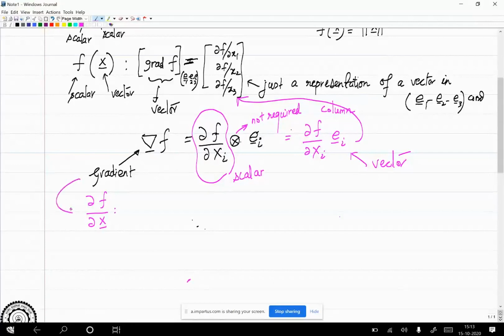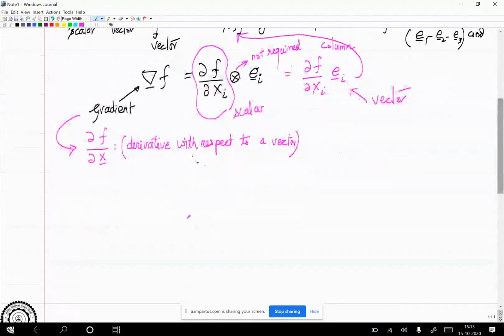So this is also gradient. Do you have any idea how we can take the derivative with respect to a vector? It's a new thing, isn't it?